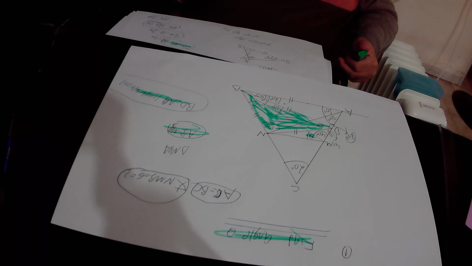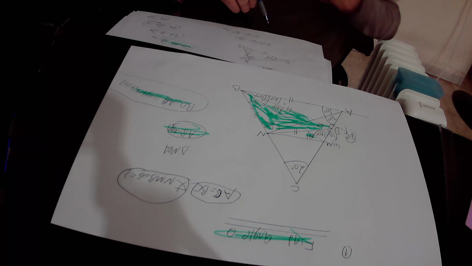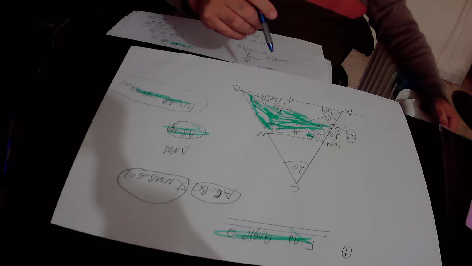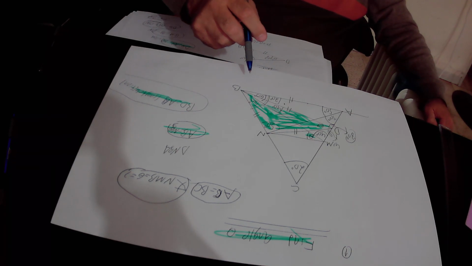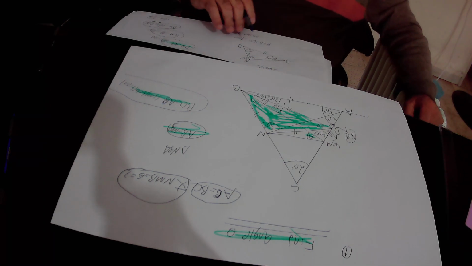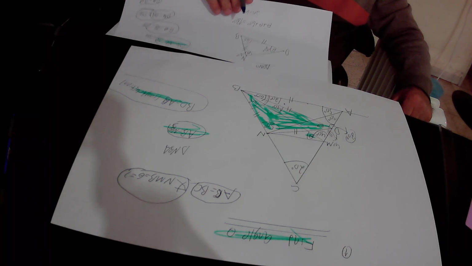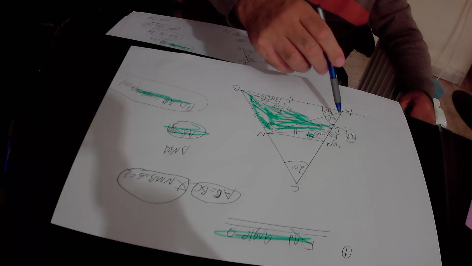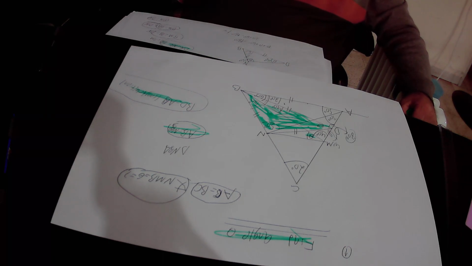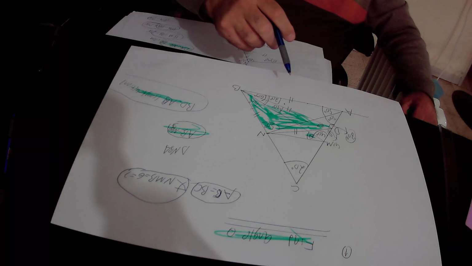But before that, first of all, in triangle ADB, we know that side DB equals side AB according to our construction.